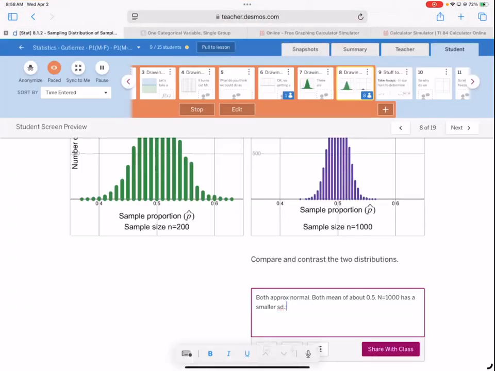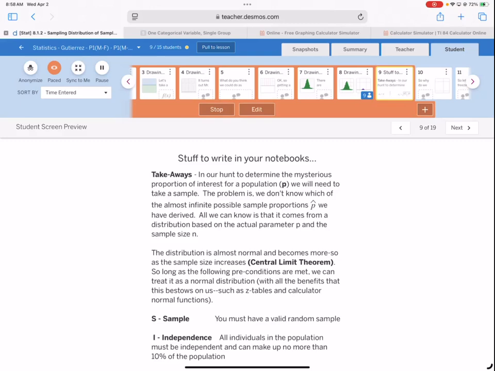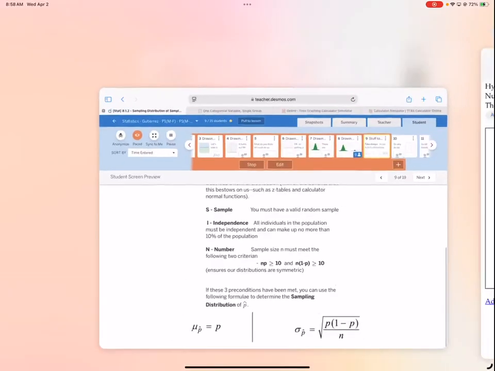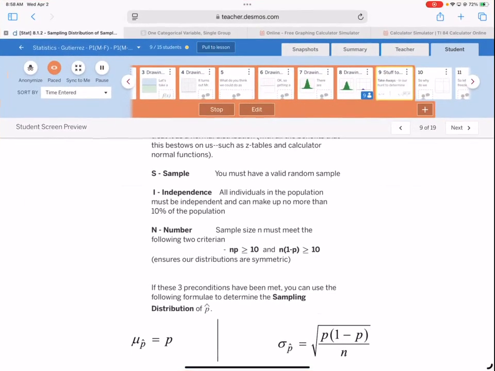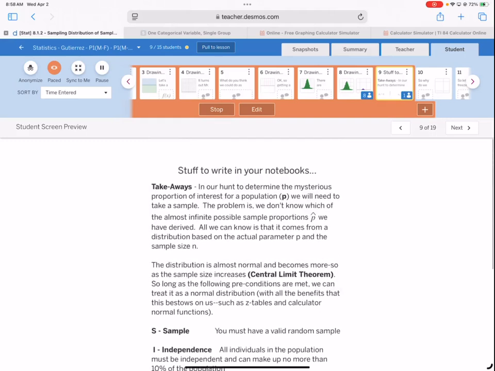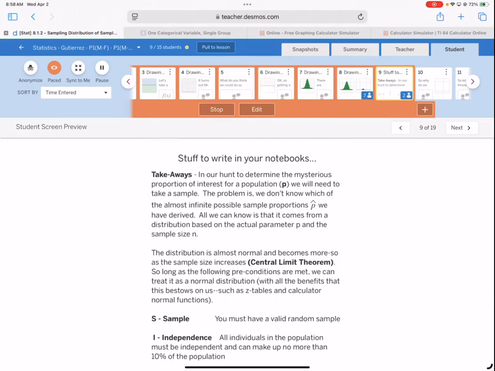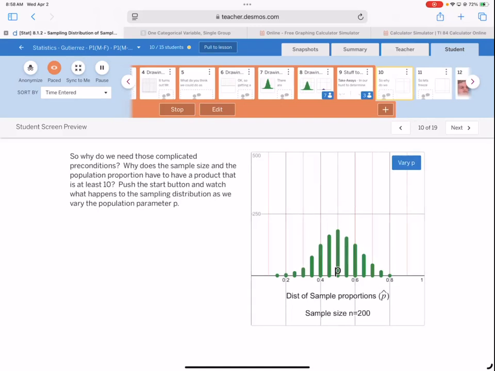So now let's go back in here. The key takeaways, I summarized on the next slide. Slide 9 is summarizing what we just learned in our notes. Slide 10, if you're wondering why there needs to be at least 10 successes and failures, helps explain that in more detail.